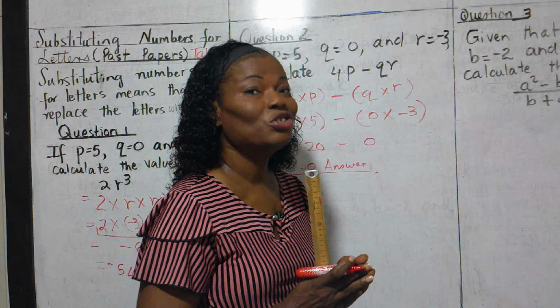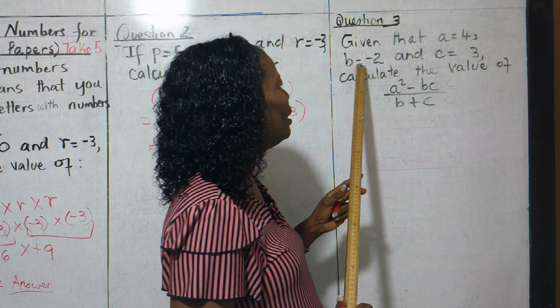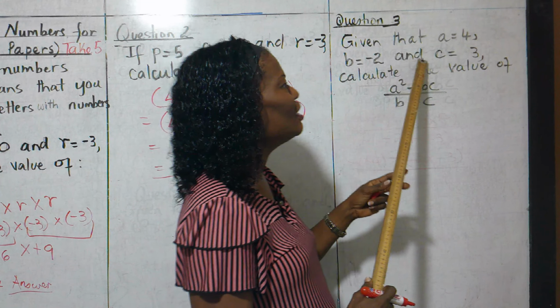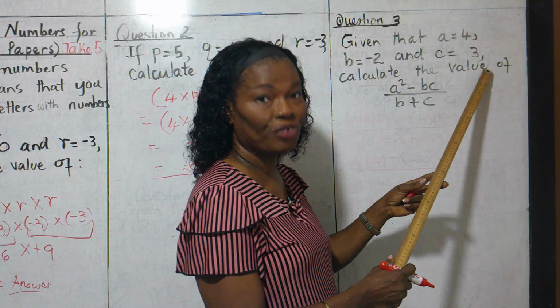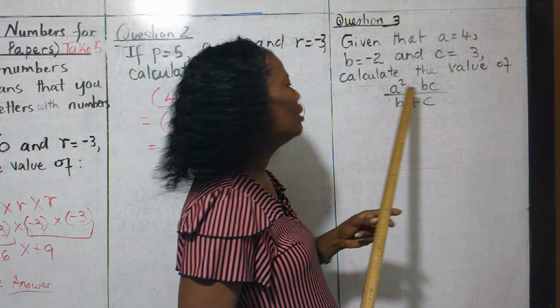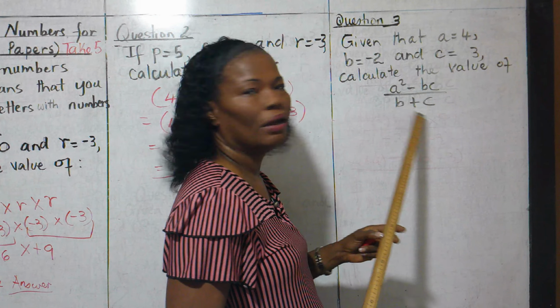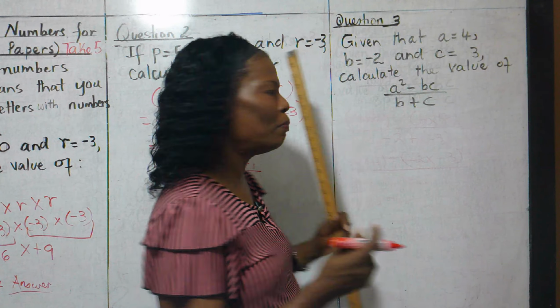Question 3 says, given that A equals 4, B equals -2, and C equals +3, calculate the value of A squared minus BC, divided by B plus C. Let's make the replacement.